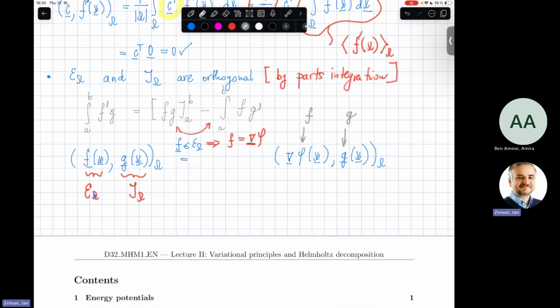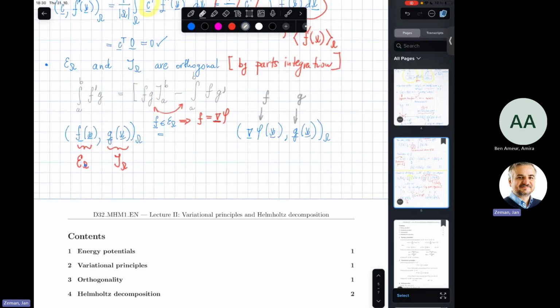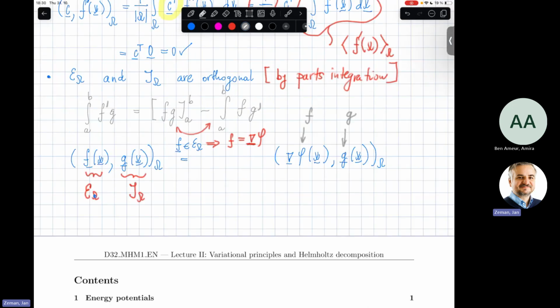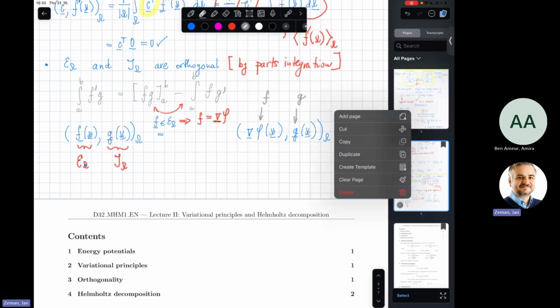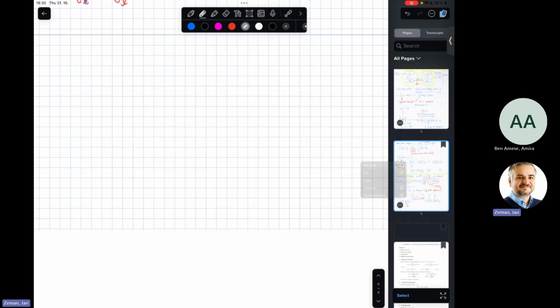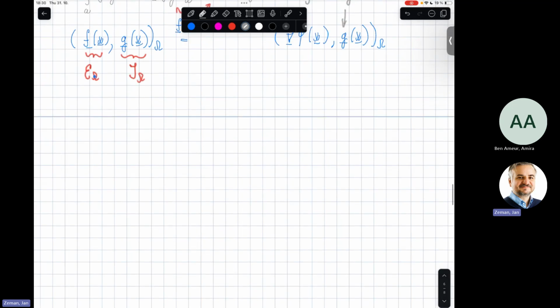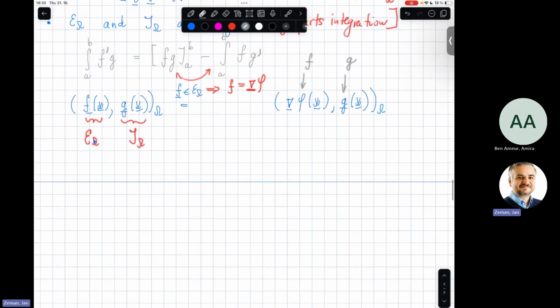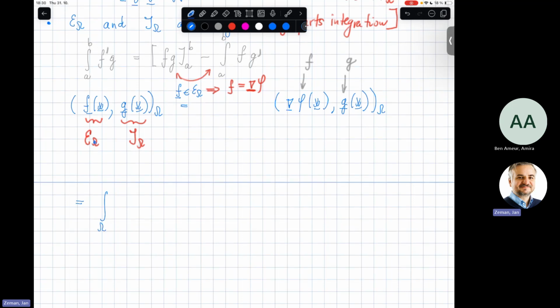Okay? And how do I know that? Well, I know that because I can expand what is written here, and perhaps I should have done it in one step. Recall that I defined this inner or scalar product by integrating over omega.